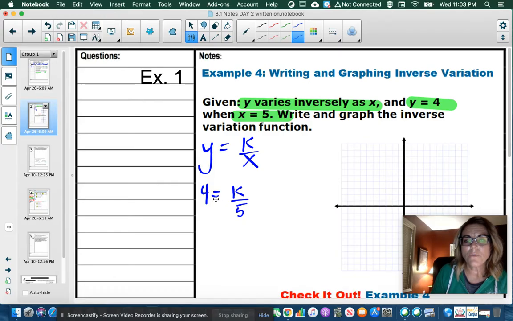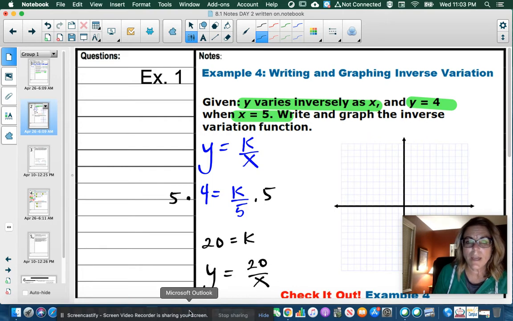Well, how do we solve for k? I can cross multiply, or I can multiply both sides by 5. So I get 20 equals k. So now I have y equals 20 over x.